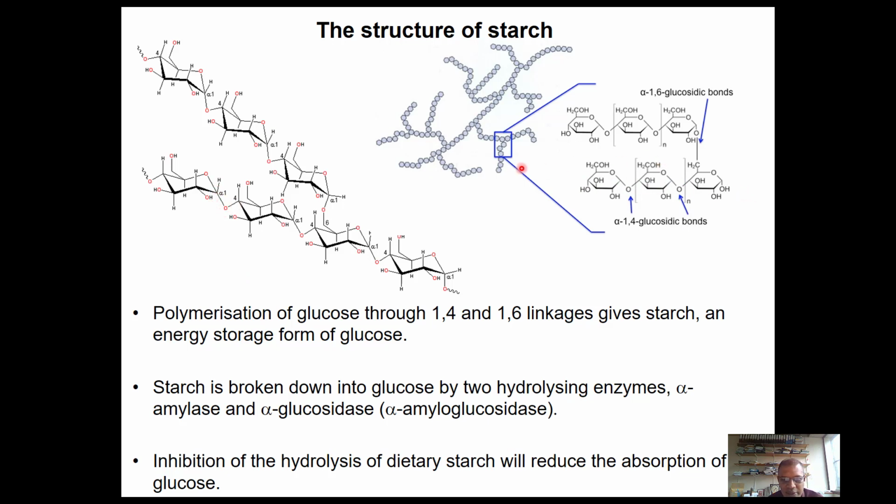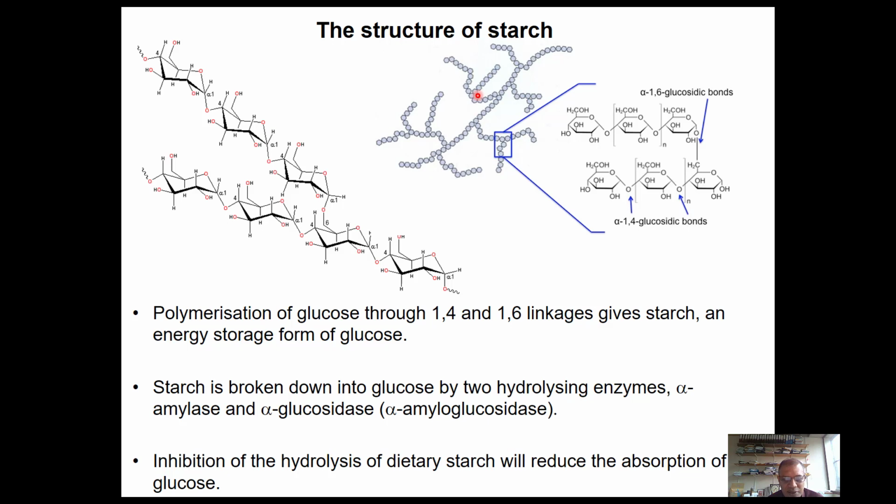That gives you a linear polymer, which is then cross-linked to give this three-dimensional network by 1,6 glycosidic linkages between these long chains. In the 1,6 linkage, as shown here, it's carbon 1 of one glucose linked to carbon 6 of the next glucose.